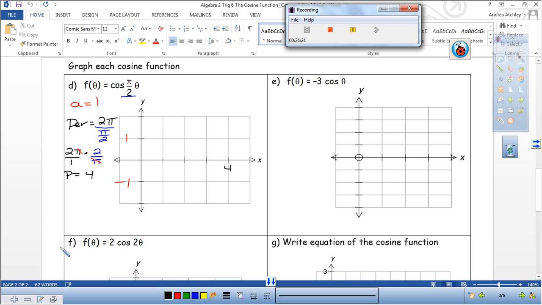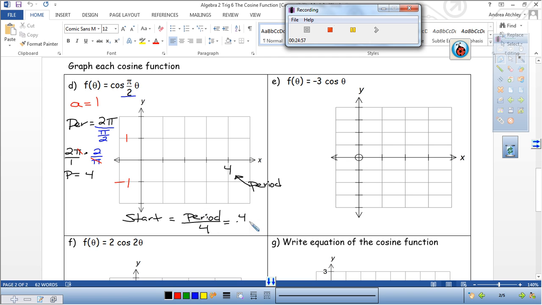Okay? So this is our start point, it's a period. It's our end point. It's a period. You want to find what I'm counting by. And that is the period divided by, because I want 4 key points, I divide it by 4.